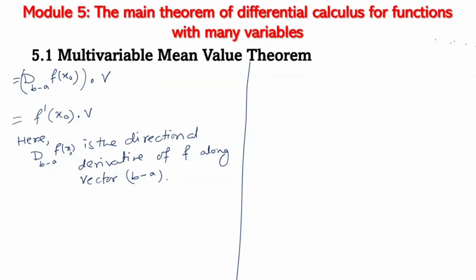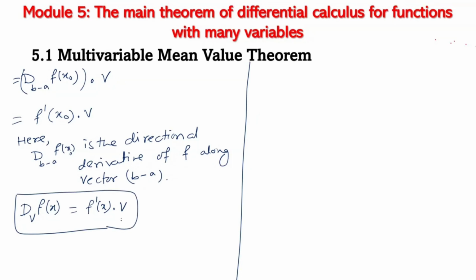And we know that the relation between the directional derivative and the vector is like this. For example, if you have D_v f of x, this will be written as f dash x dot v.